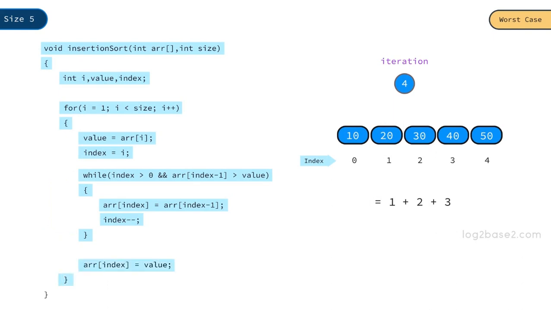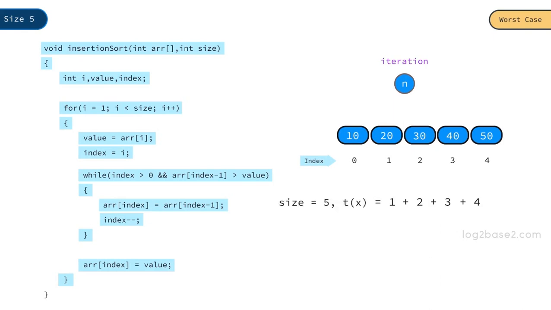So in the fourth iteration of the outer for loop, the inner loop statement executed 4 times. Next, when i equals 5, the outer for loop condition will fail, so it will stop its execution.